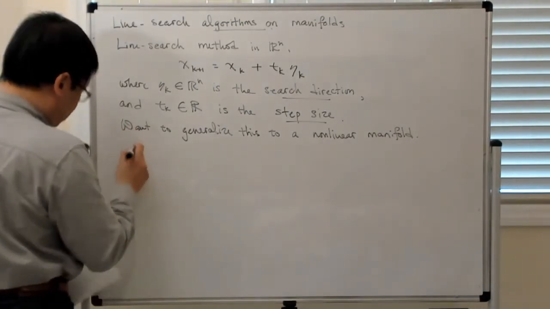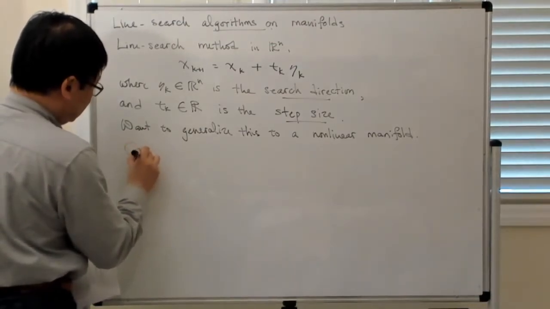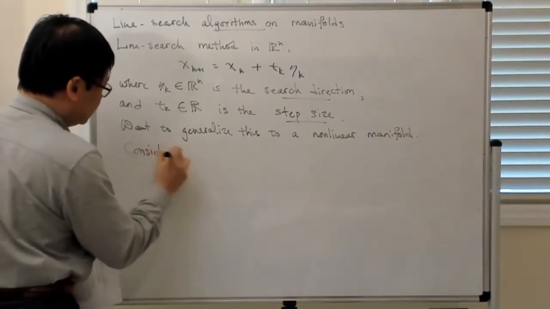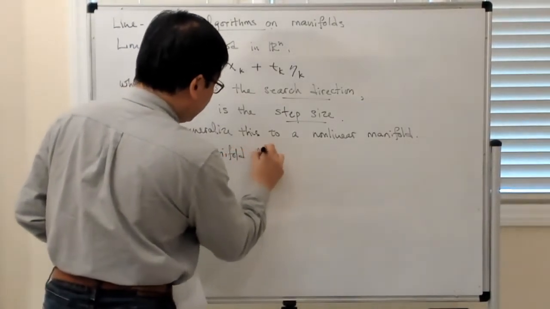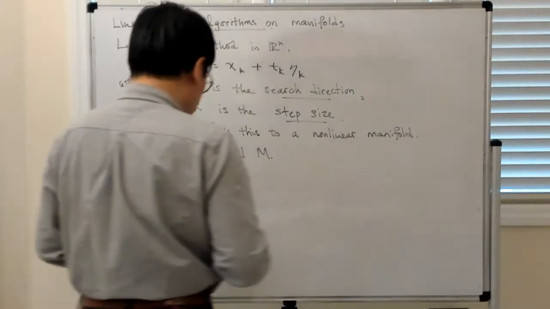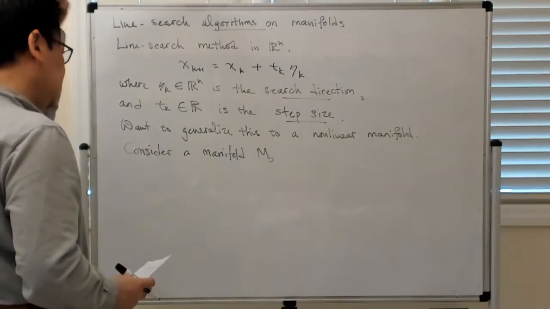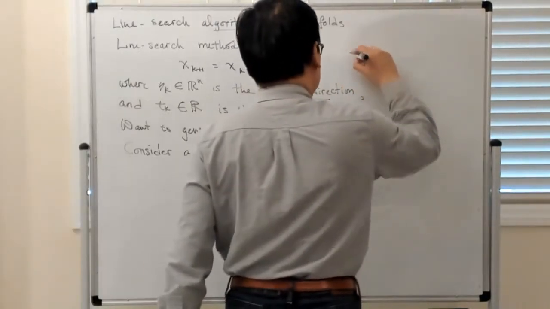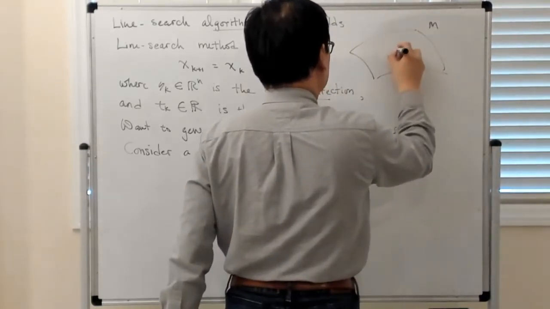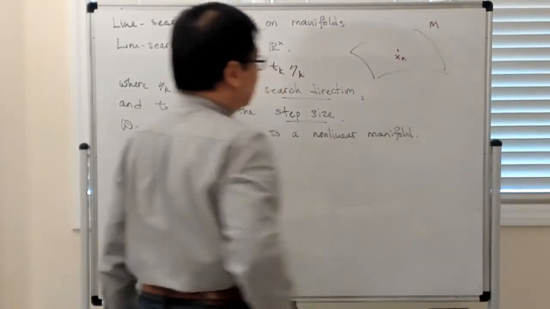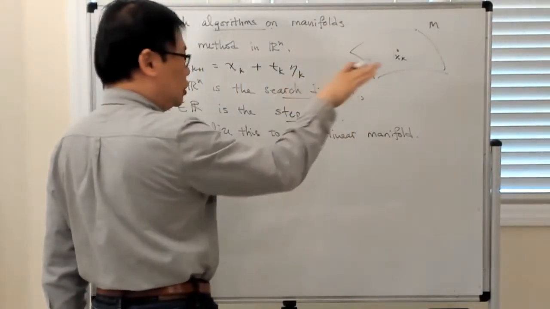So one generalization is to consider a nonlinear manifold M. Let's maybe draw a picture here. Now we have a manifold M, you still have a point x_k, and you want to do a new step here. You want to search in a particular direction.